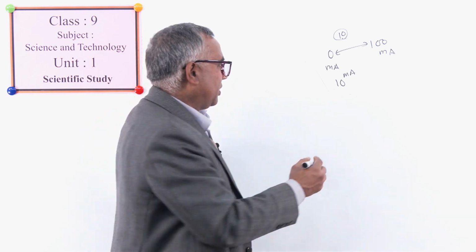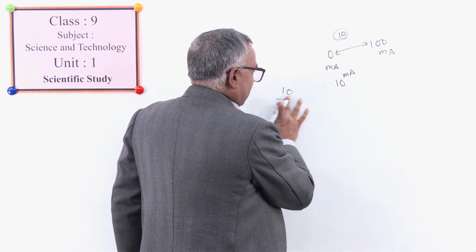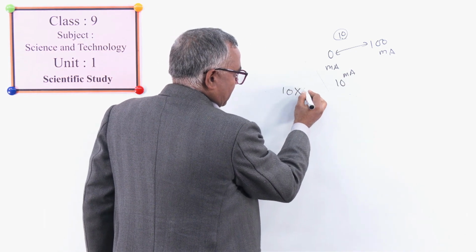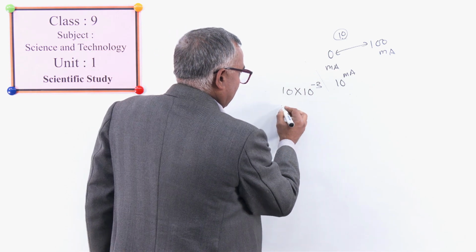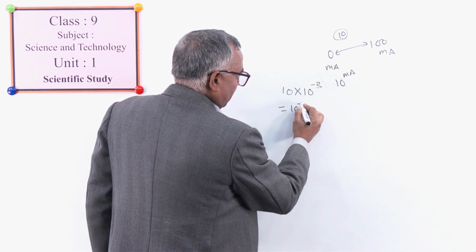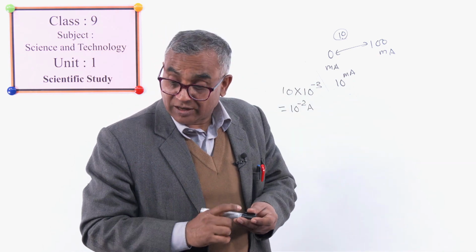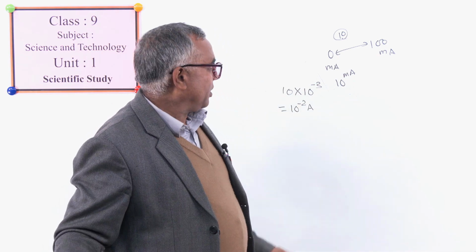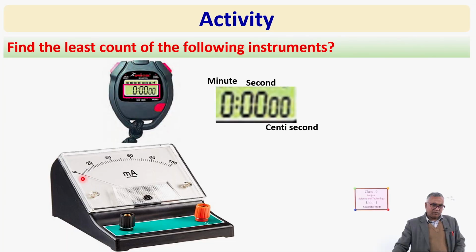If you divide by 1000, you can write 10 to the power minus 3. Then you will get 10 to the power minus 2 ampere. In that way, you can convert; already you have learnt. Here in the diagram, it is different, from 0 to 20 milliampere.